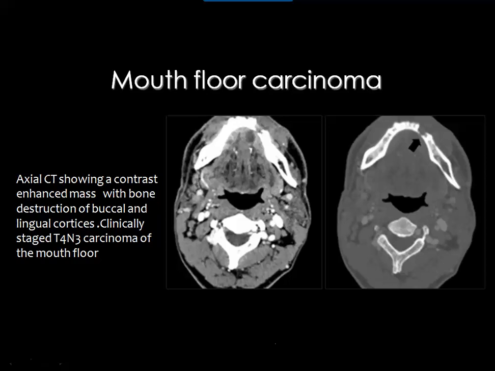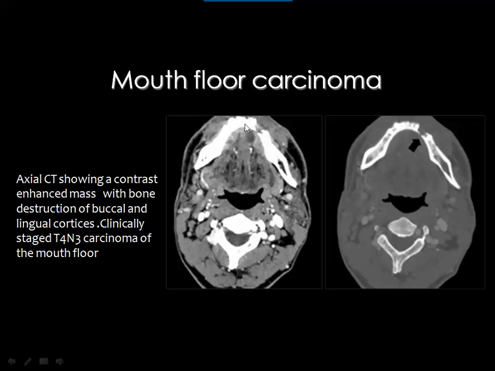Sometimes these carcinomas may invade the adjacent mandible, either by erosion or by marrow invasion only. In cases of marrow invasion, MRI is superior to the CT, whereas in cases of bone erosion, they said that CT is much better.